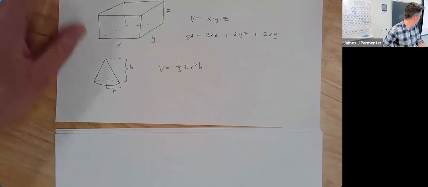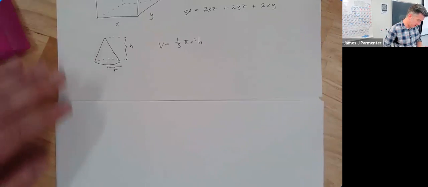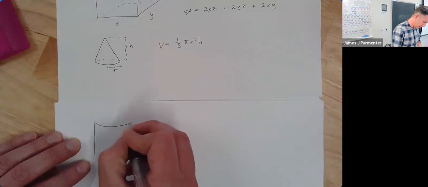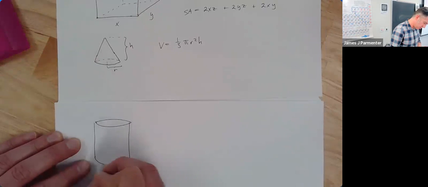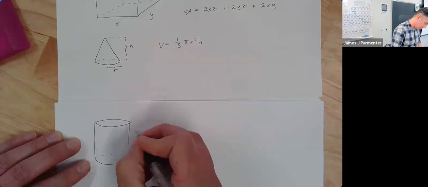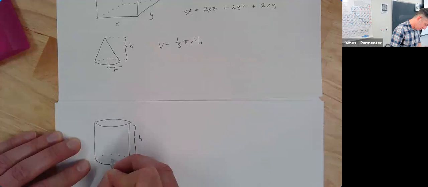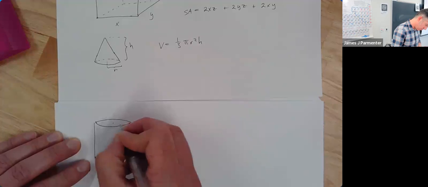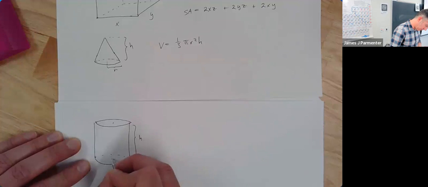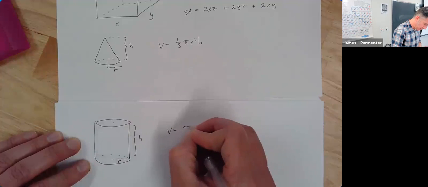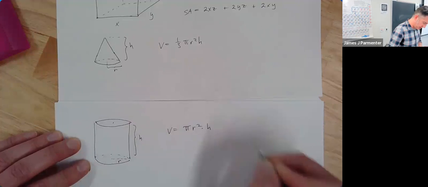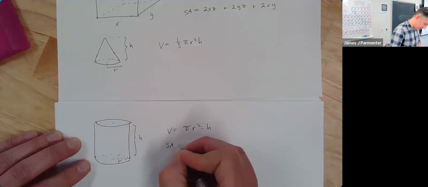Then the last 2 shapes that I can think of are the cylinder, which we just talked about. I will draw it in, where the volume is pi r squared times the height, and the surface area was a little tricky.